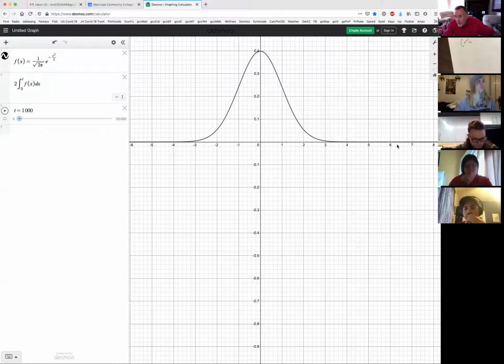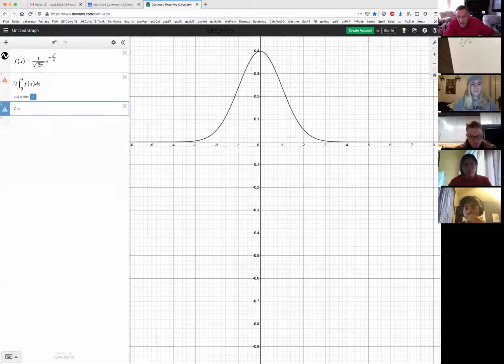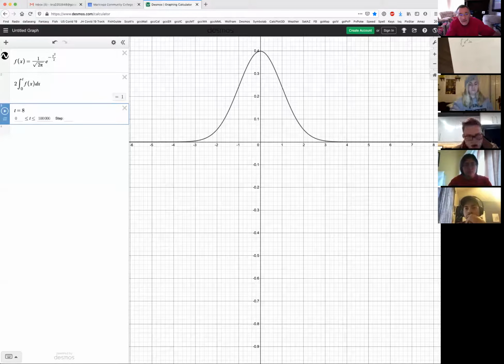It's so close to the axis that Desmos is already rounding it off to 1, yeah? Mine rounds off at 10. In fact, at 10, it's already rounded off at 1, right? So at 3, we're almost all the way down, aren't we?